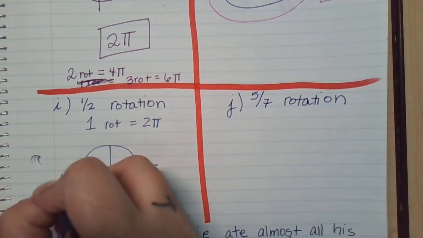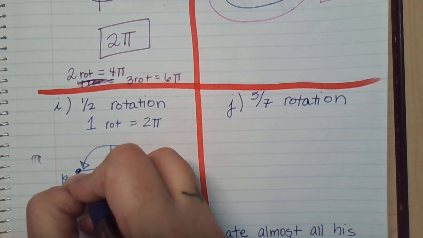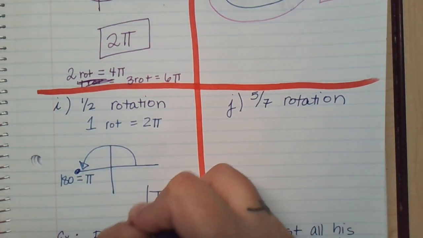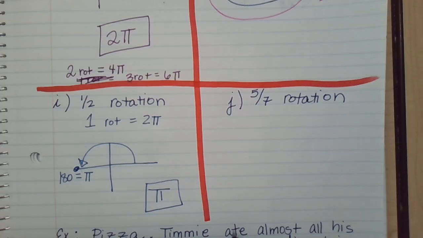Well, we land at 180. And 180 is 1 pi. Okay, so half a rotation is just 1 pi. But we don't write 1 before the pi because we're grown-ups. So 1 full rotation is 2 pi. Half a rotation is just 1 pi.